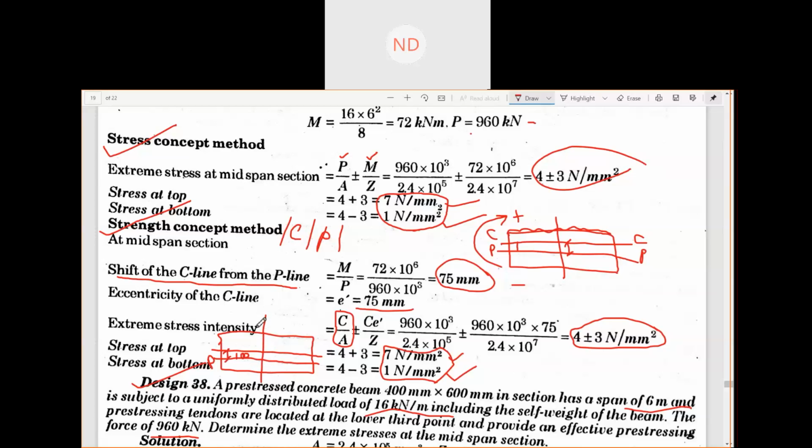P by A, and due to the load one stress, that is plus minus M by Z. And when you have a tendon at the bottom, the eccentricity is at the bottom, so you had minus plus PE by Z. Top is 3, bottom is 5. Okay, correct.